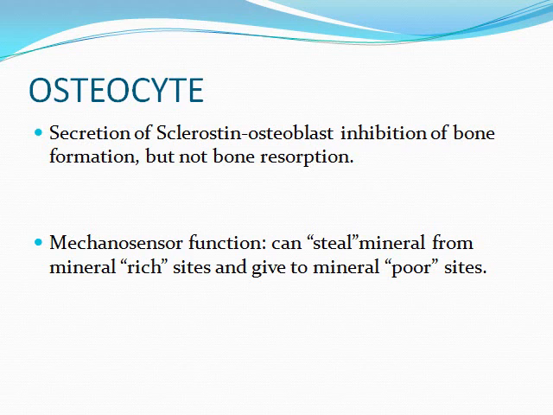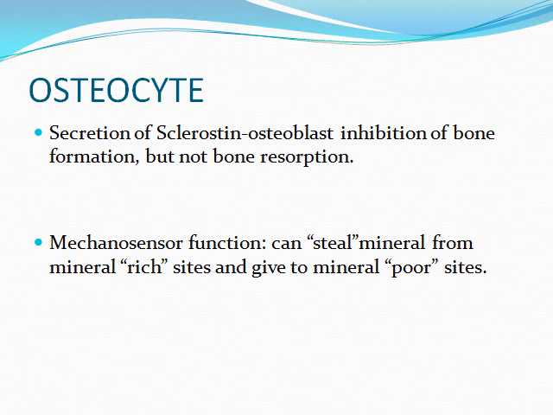The third cell, we just talked about the osteoblast and the osteoclast, but the third cell is the osteocyte. And the osteocyte secretes sclerostin, which will inhibit the osteoblast from forming bone. It does not stop bone resorption.